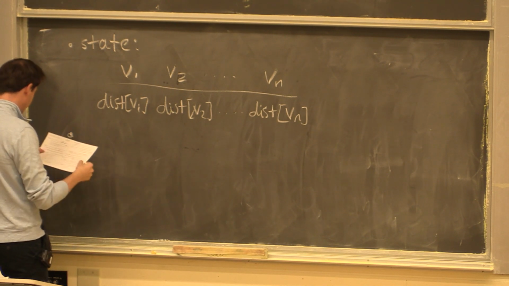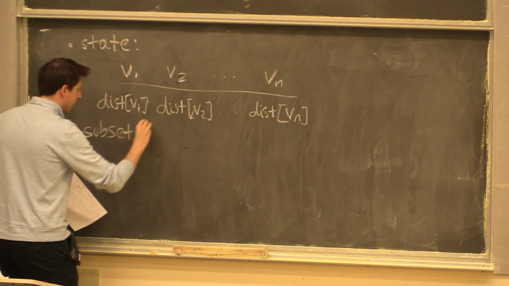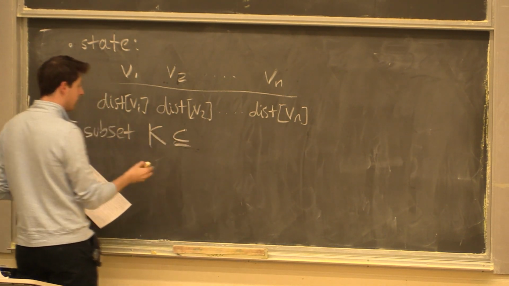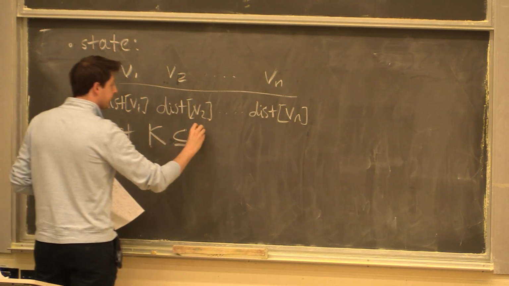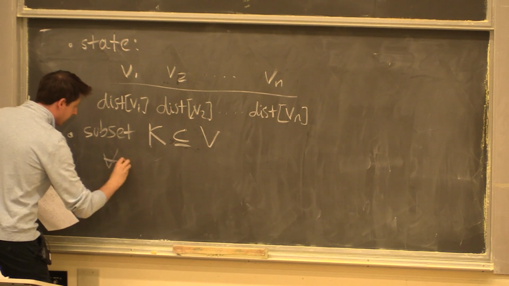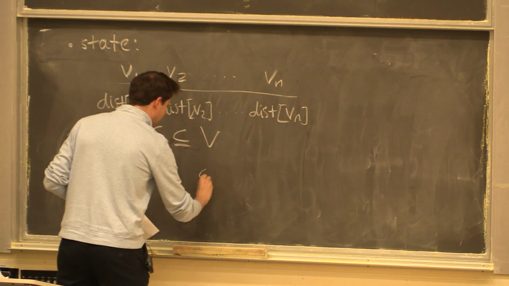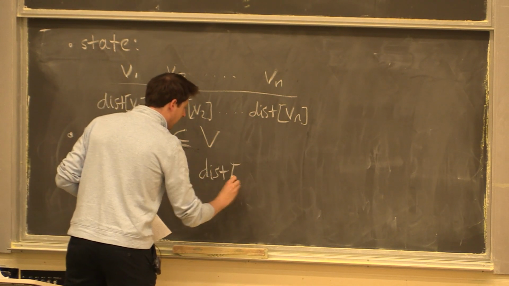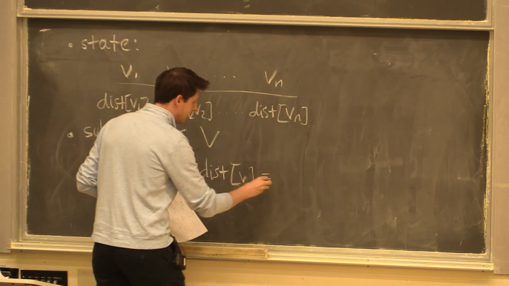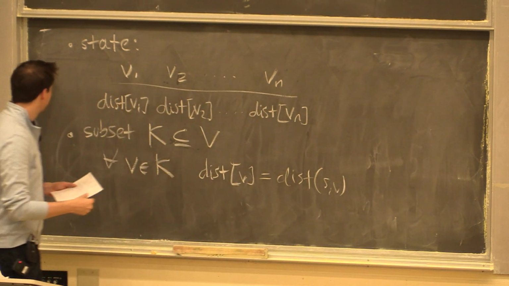We'll also maintain a subset of vertices. Let's call it K for known, okay? English is funny, right? So K for known. And for every vertex in this known region, it will actually be the case that the distance, the number that we store in this array, really is the distance from S to V, okay?